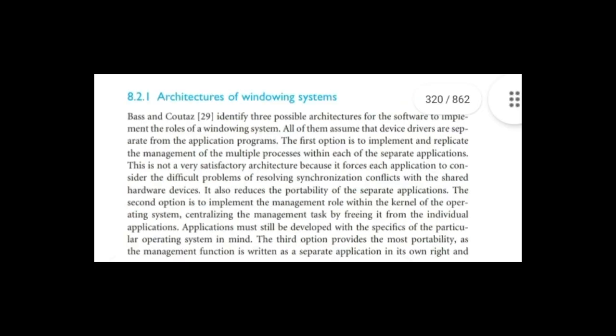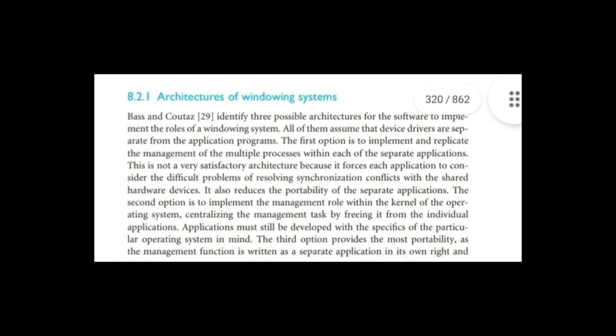Architectures of windowing systems. Three possible architectures are identified for the software to implement the roles of the windowing system. All of them assume that device drivers are separate from the application program.